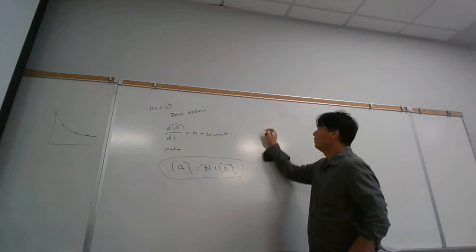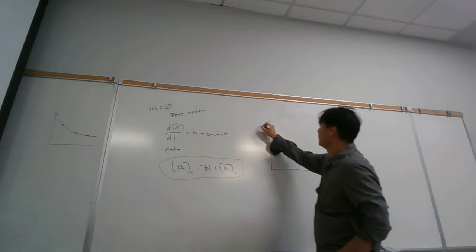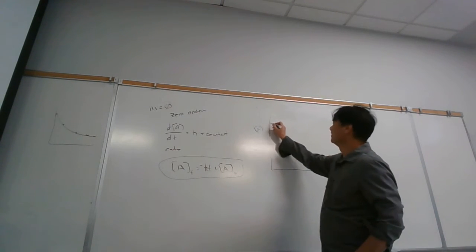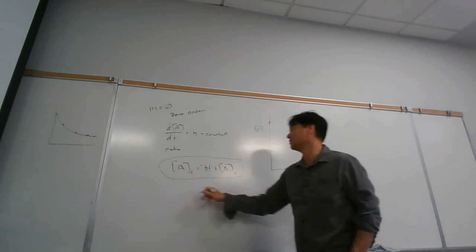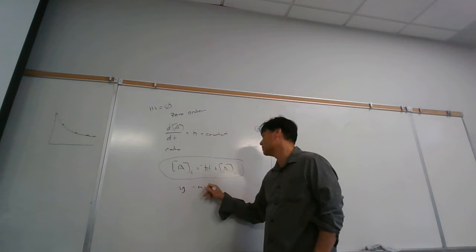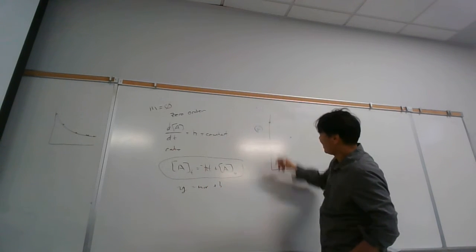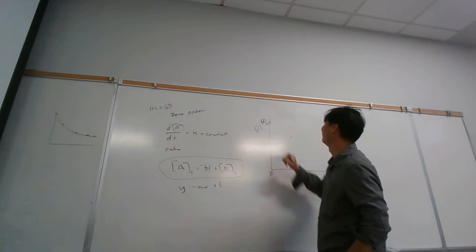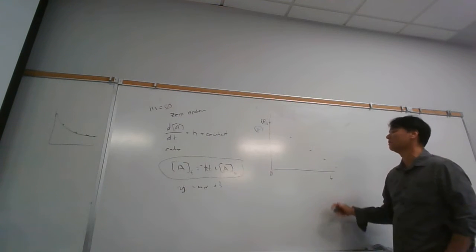And so with zero order, let's say this were zero order in A versus time, what we're going to see is a linear plot, because this just looks like y equals mx plus b. At time 0, we have A initial. Then we'll have A at time t at different times.